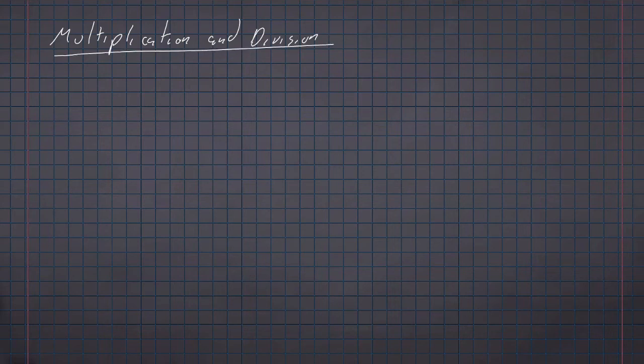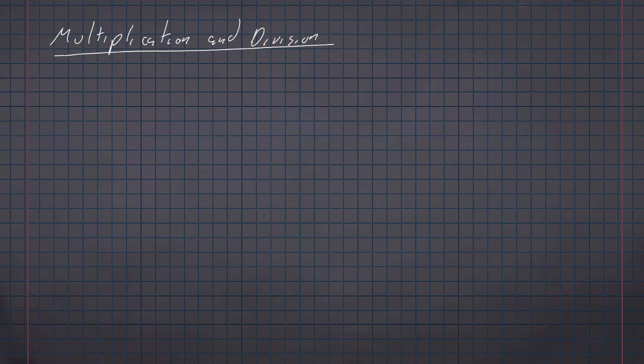Up next, multiplication and division. These are two different operations, or so it seems. But as we'll see a little bit later when we talk about fractions, multiplication and division really are the same thing in disguise, or division is really a disguised way of talking about multiplication.